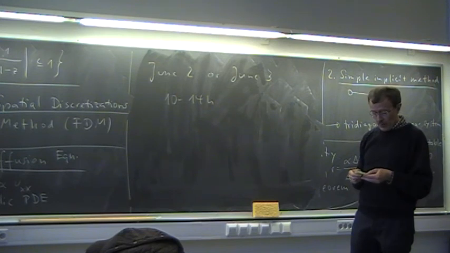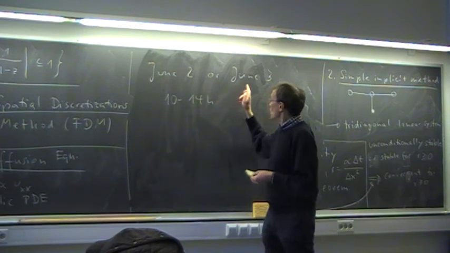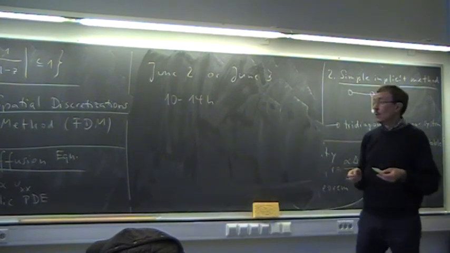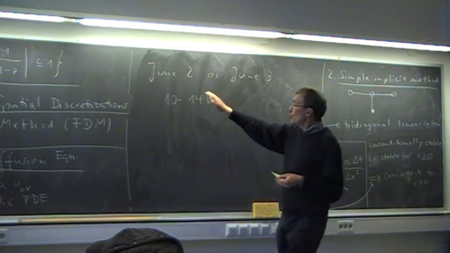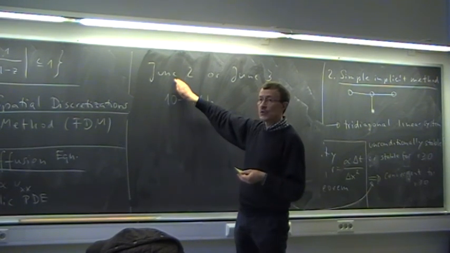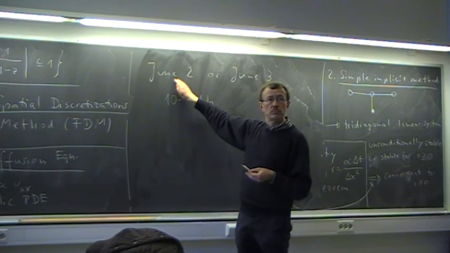So then let me ask you, this is a Tuesday, this is a Wednesday. For whom is June 2, the Tuesday, preferable?